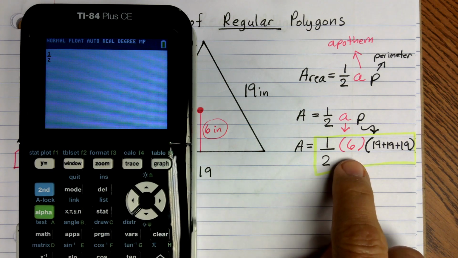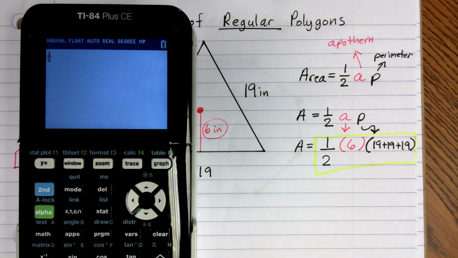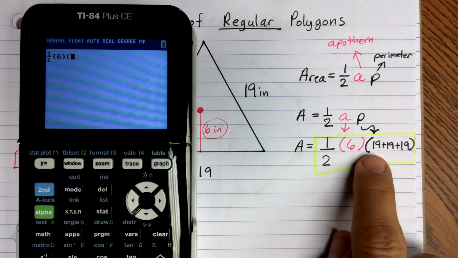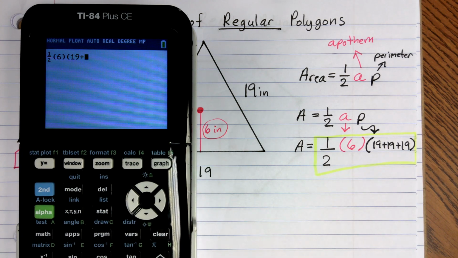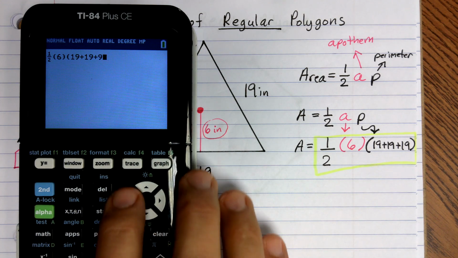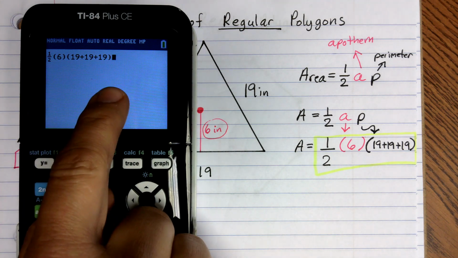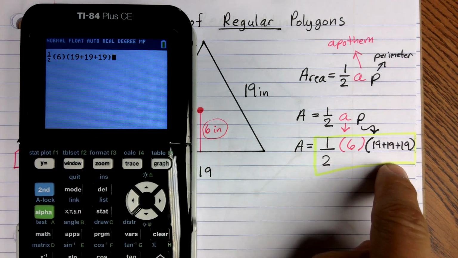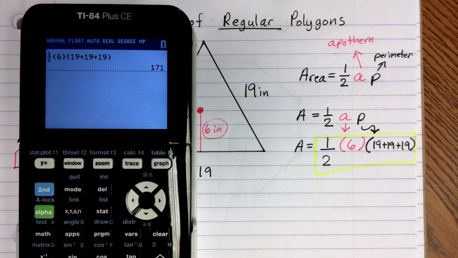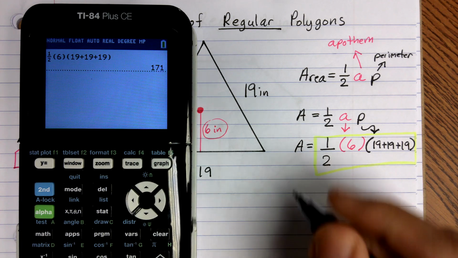Click to the right to get out of the denominator, and then I'm going to go ahead and put my first parenthesis and type in my apothem's value, which is 6, and then my next parenthesis, and I'm going to type in the perimeter, which is 19 plus 19 plus 19. Then close parenthesis, check everything, make sure that it looks right, that it matches what we wrote on the right side of the equal sign, and then hit enter. And it gives me 171.